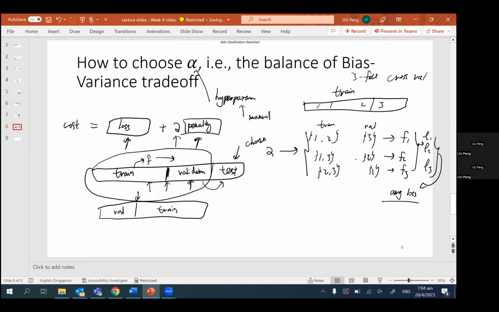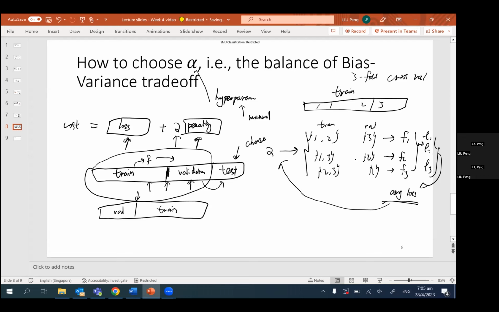This gives me a loss that is not subject to the design of the training, test, or validation data set. So this average loss is most objective, averaged across different designs of the data, and it measures the performance of this particular alpha.